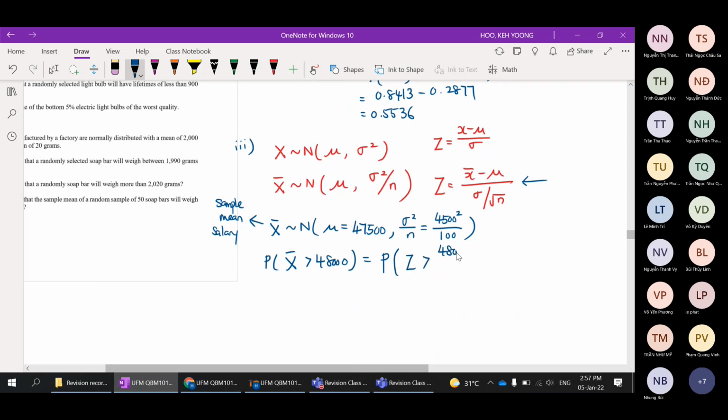So we take 48,000 minus the mean, divided by 4,500 over square root n. n is 100. So a bit different here. What is the Z value then? The Z value should be 1.11.